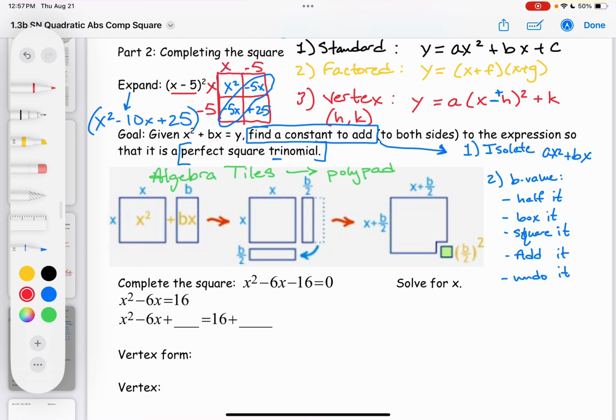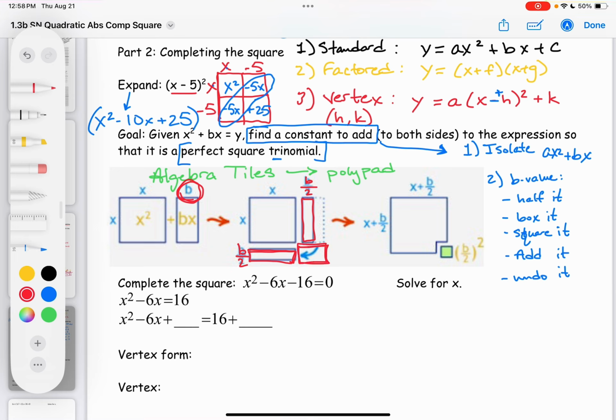But if you look at the picture right here, see how you have the b value? The first thing they do is they half it right here, and they half it right here. And what they mean by box it is you're going to put an even amount of them on the side and an even amount underneath. What that creates is this missing zone right here.